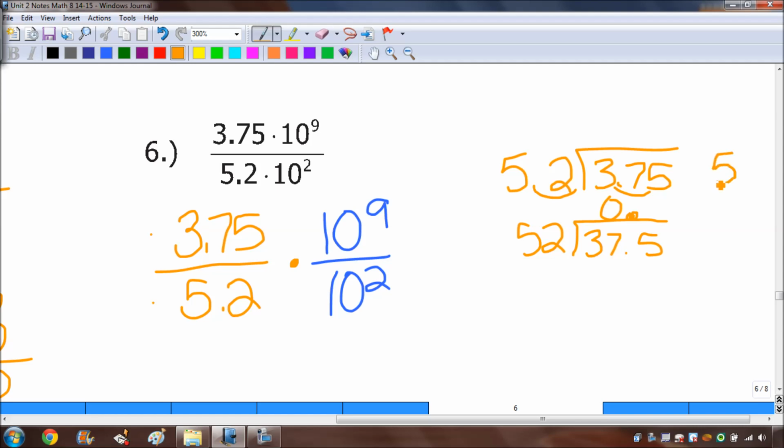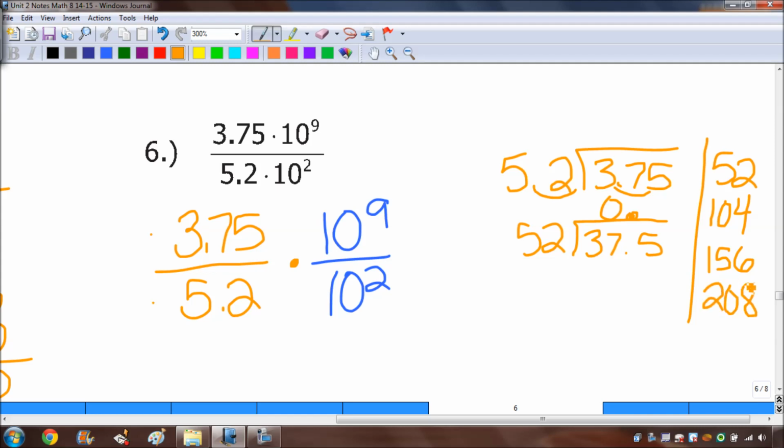So 52 is my first multiple. Multiply that by 2, you get 104, right? Just double it. Then if I add another 52 on, 4 plus 2 is 6, 0 plus 5 is 5, so I get 156. I'm just adding 52 each time. So if I add 52 to 156, I get 208.